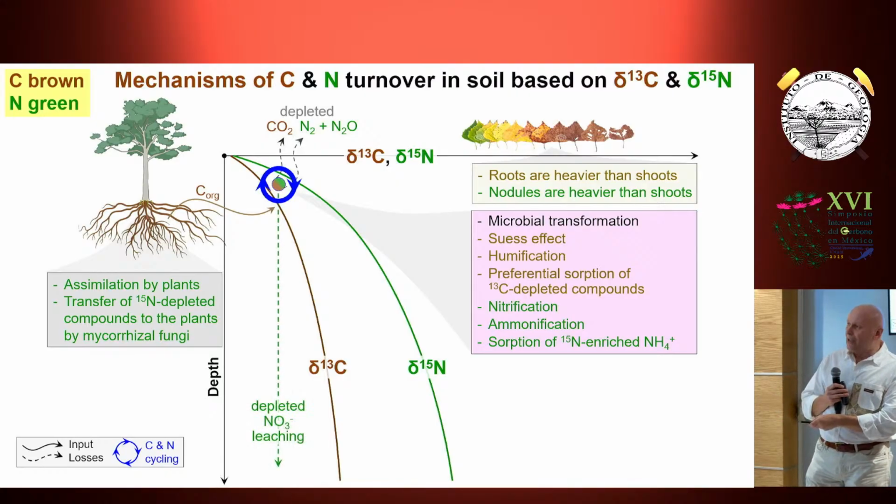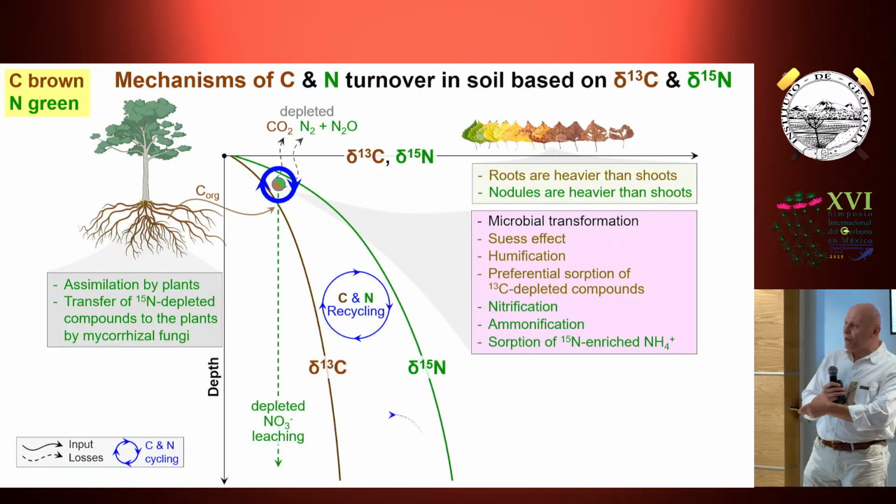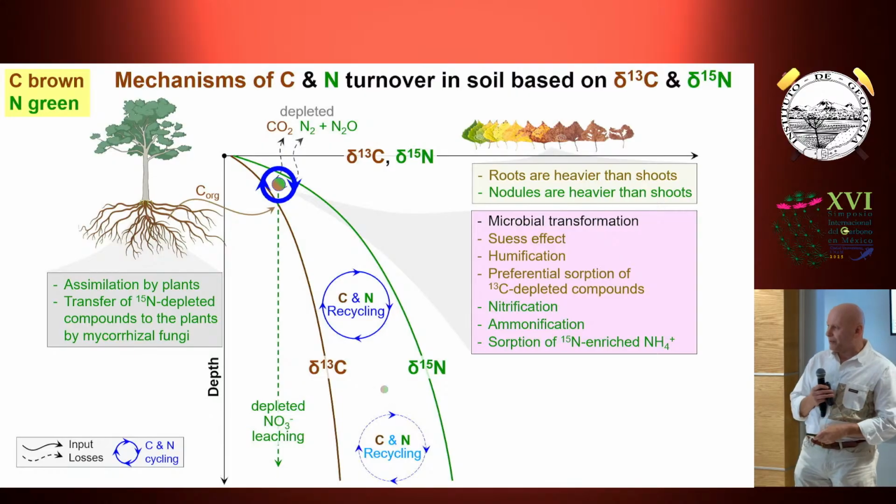Depleted nitrate will be leached, and consequently heavier again remains in soil. The turnover of carbon and nitrogen will be slower with depth, but nevertheless it is ongoing, and therefore the inclination of the line here is much stronger compared to the inclination of both lines in the depths.